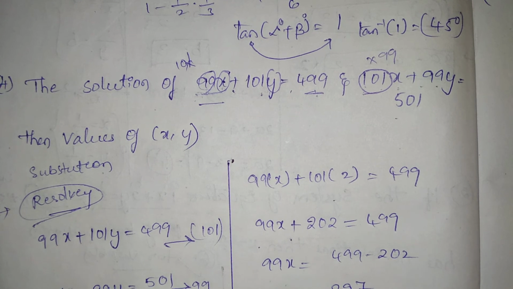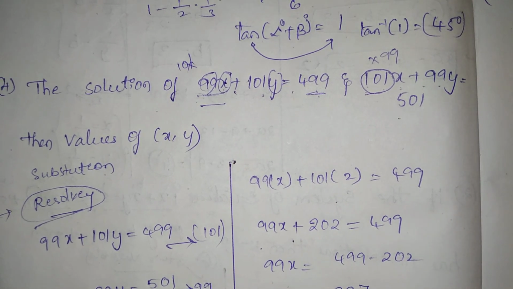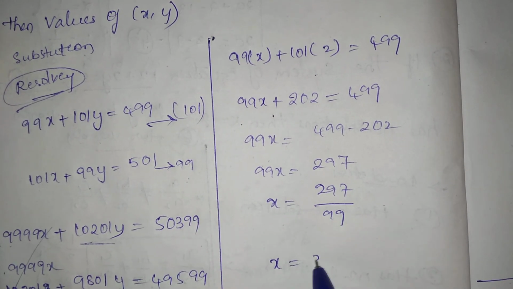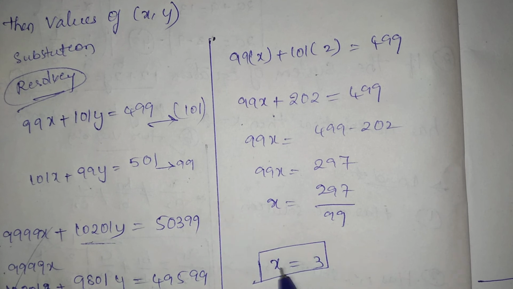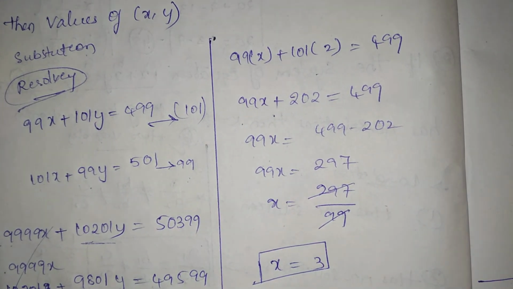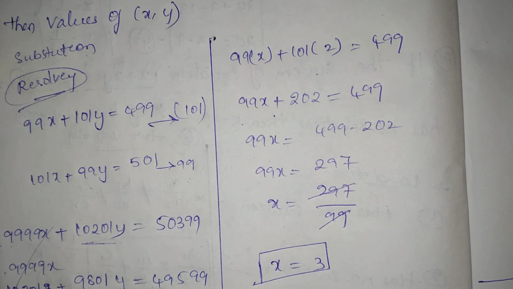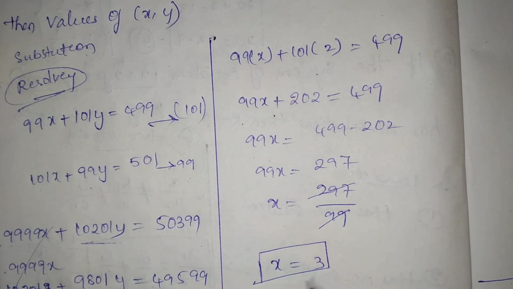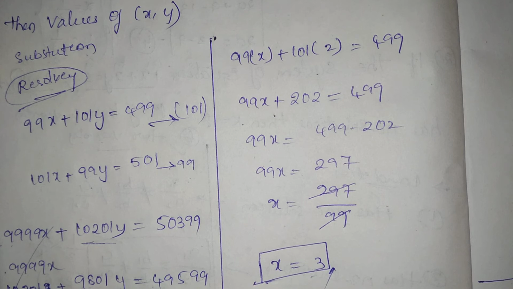X is equal to 297 by 99, so x gives us 3. Check: 99 twos are 198 and 99 threes are 297. The values of x and y are 3, 2.